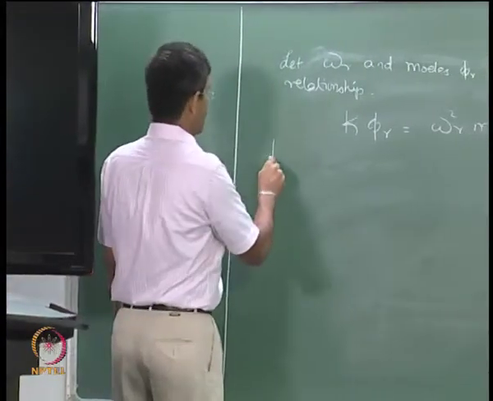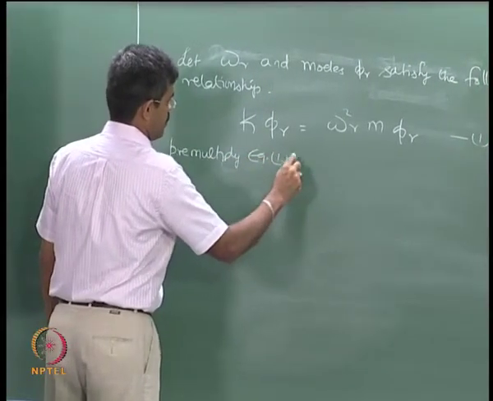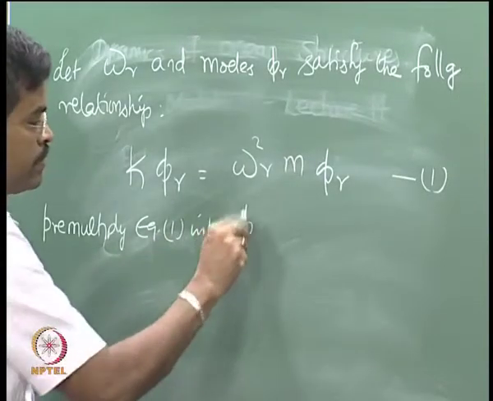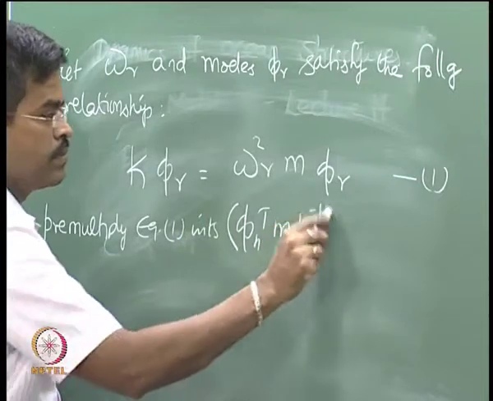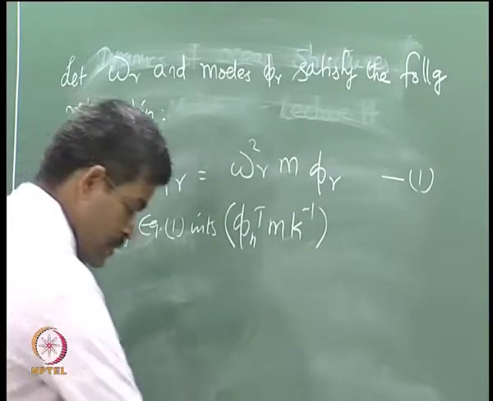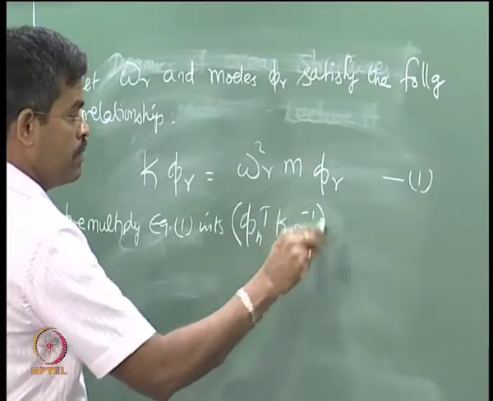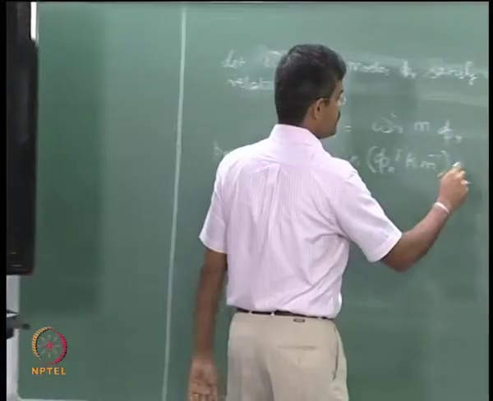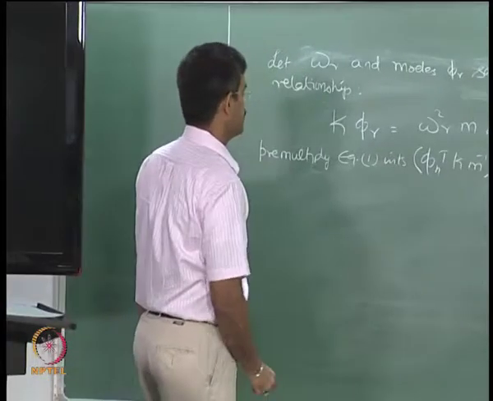Now, I pre-multiply equation 1 with phi n transpose K m inverse on both sides. So, let us do that.